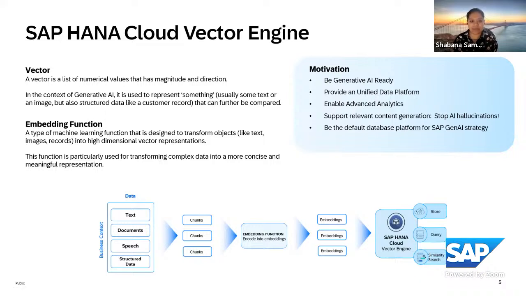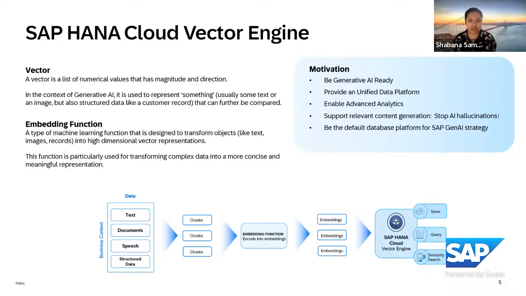Vector Engine in SAP HANA Cloud is built to smoothly integrate with the newest generative AI technologies. And we wanted to allow our customers to take advantage of this unified database platform, meaning they can house their structured, transactional business data alongside spatial, graph, or unstructured data like JSON documents, and now also their vector data on SAP HANA Cloud, meaning they need not rely on a specialized database.